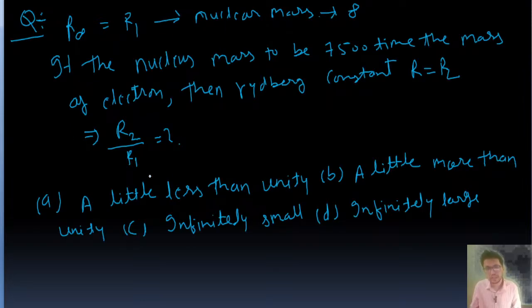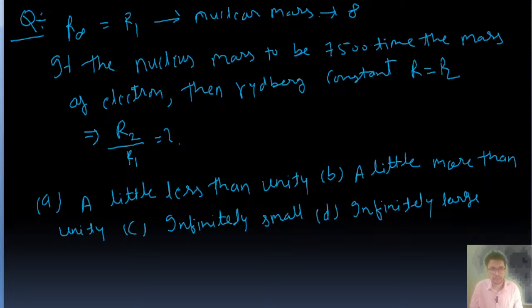Since we know that R is proportional to mu, and R infinity is proportional to M E, from here we can get R upon R infinity, which is R2 upon R1.